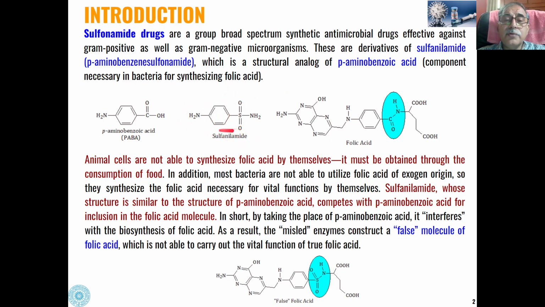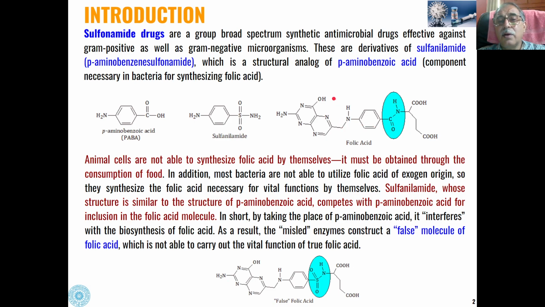Now, if we see the chemical structure of this molecule, it is similar to PABA, that is para-aminobenzoic acid. If we replace this carboxylic acid derivative by sulfonamide, then we can get these types of drugs. The importance of sulfonamide drugs is that PABA is part of the folic acid.